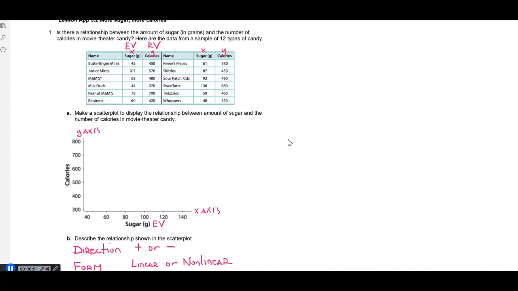Okay, another name for the explainer is the independent variable. And the response variable is often called the dependent variable.